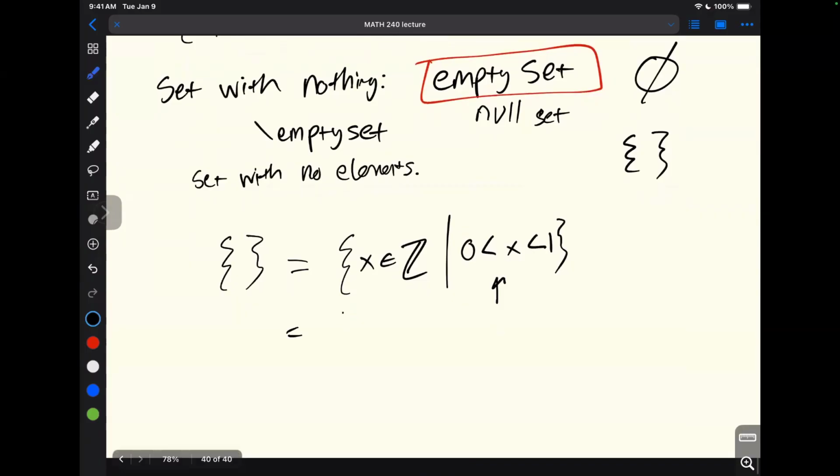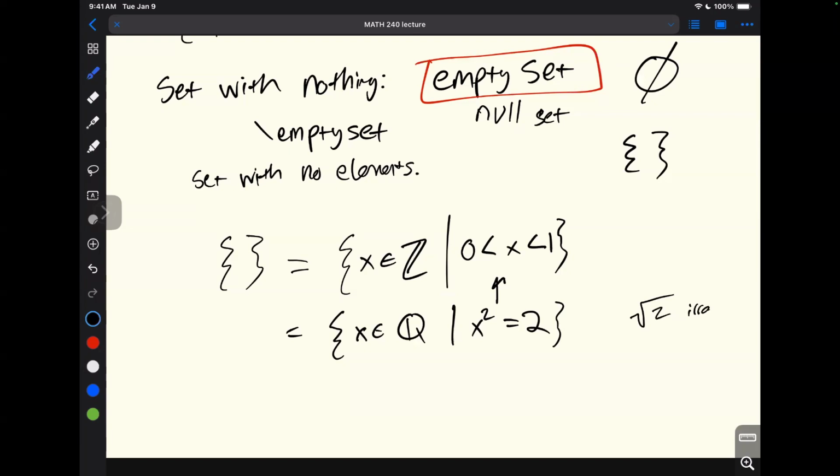It's like saying I want a rational number such that x squared is equal to 2. The square root of 2 is irrational, so no rational number fulfills this requirement. So the set is empty.